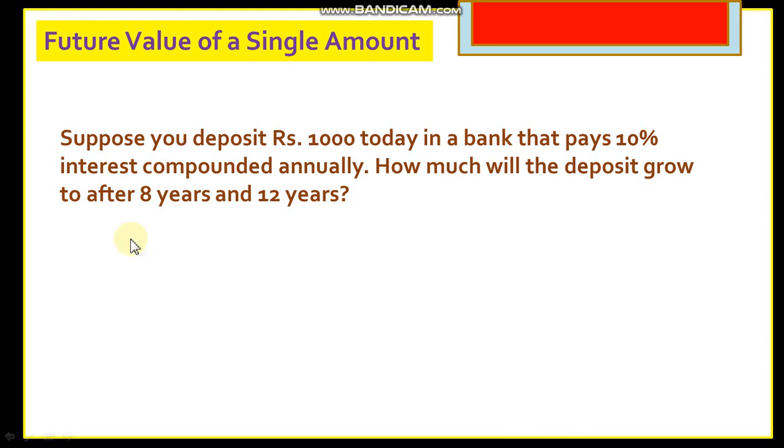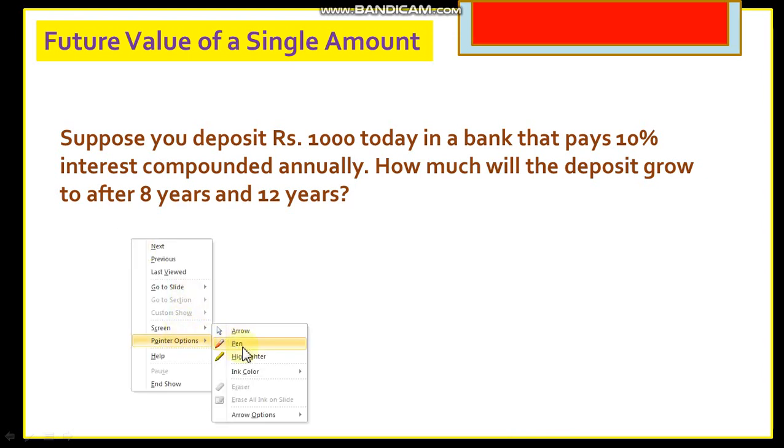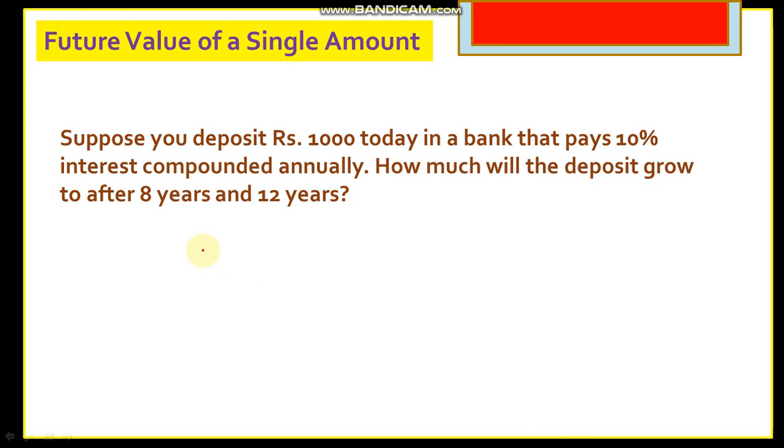After 12 years my n equals 12, so that is the only change that I have. Otherwise my r equals 10%, and my principal amount, that is present value, is 1000 rupees. So my formula remains the same.